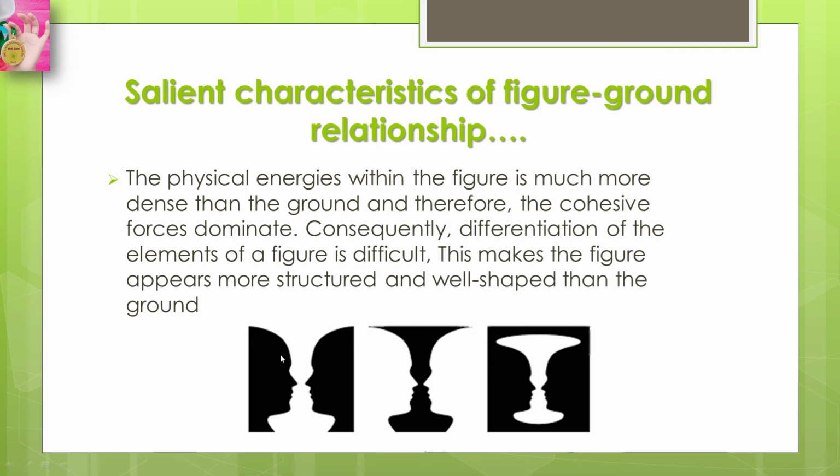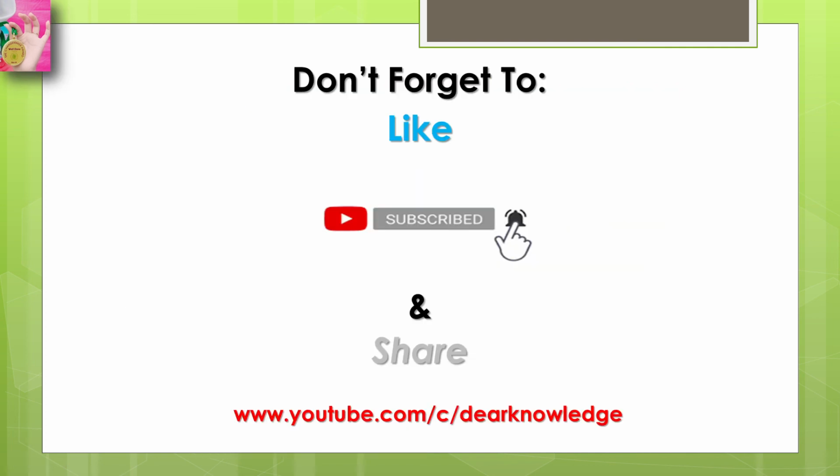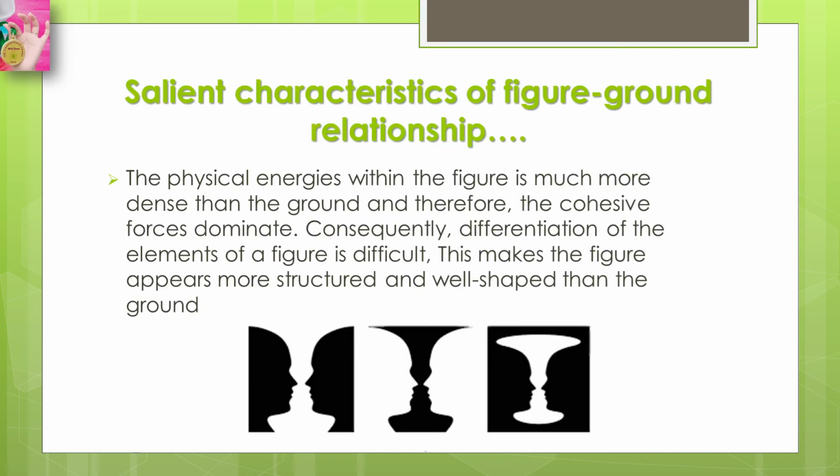If you pay attention to the white part, you might see a vase, or if you pay attention to the black part, you might see two people facing each other. So this is a reversible background. This reversible figure, showing a white vase and black faces in the background, was given by Rubin.